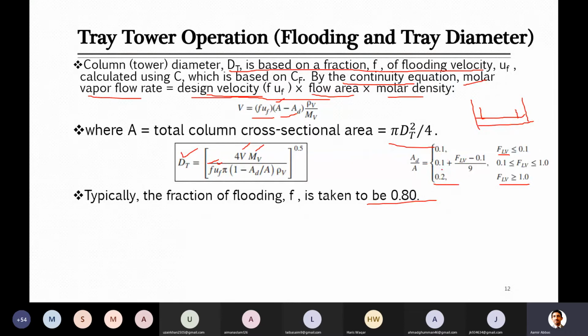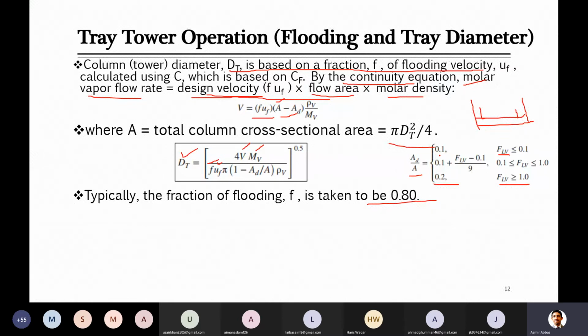Otherwise it will be in between these two, and that can be found as 0.1 plus a term depending on the value of FLV, for the area of the downcomer to the total area of the tray. As we have already seen, to keep proper operation and avoid choking of the column, AD to A should be about 10% or 0.1.